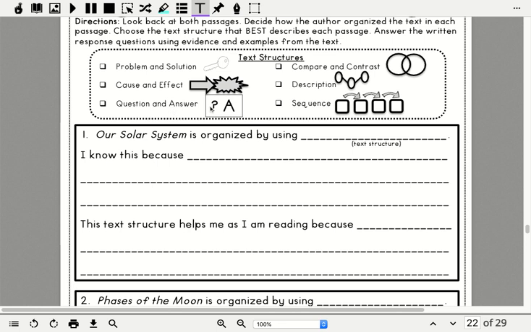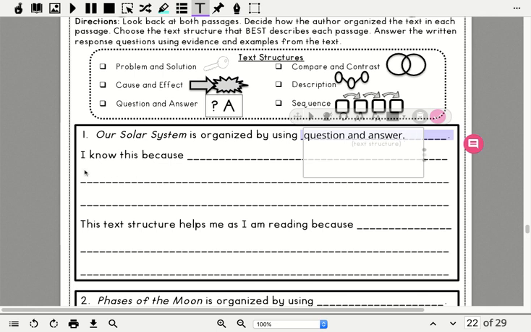Well, question and answer, each one of them starts with a question. It says, what is the solar system? What are the inner planets? What are the outer planets? And then it goes on to answer those. So question and answer is probably my best choice. So that is what I'm using. Is organized by using question and answer.